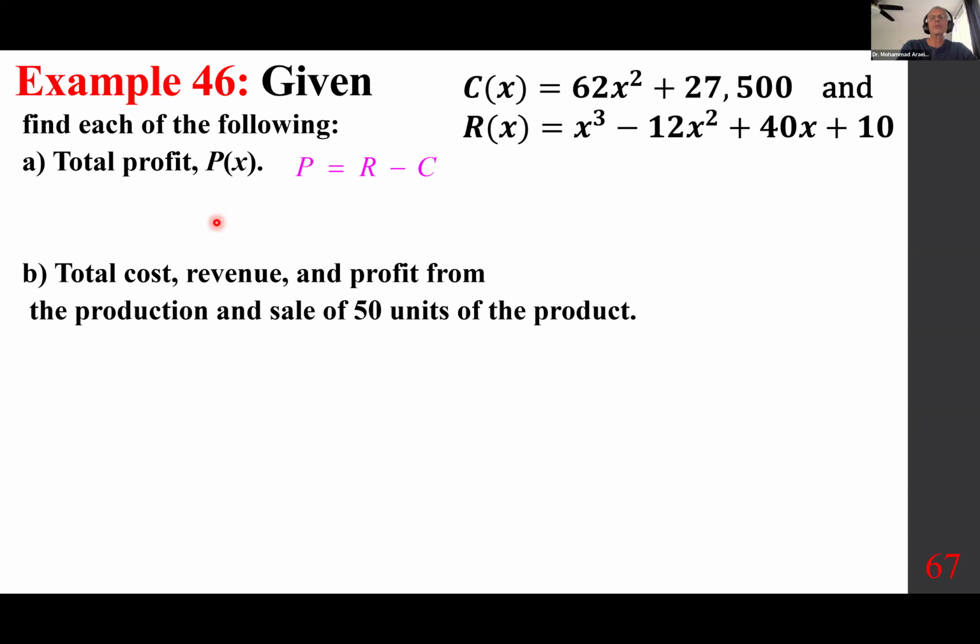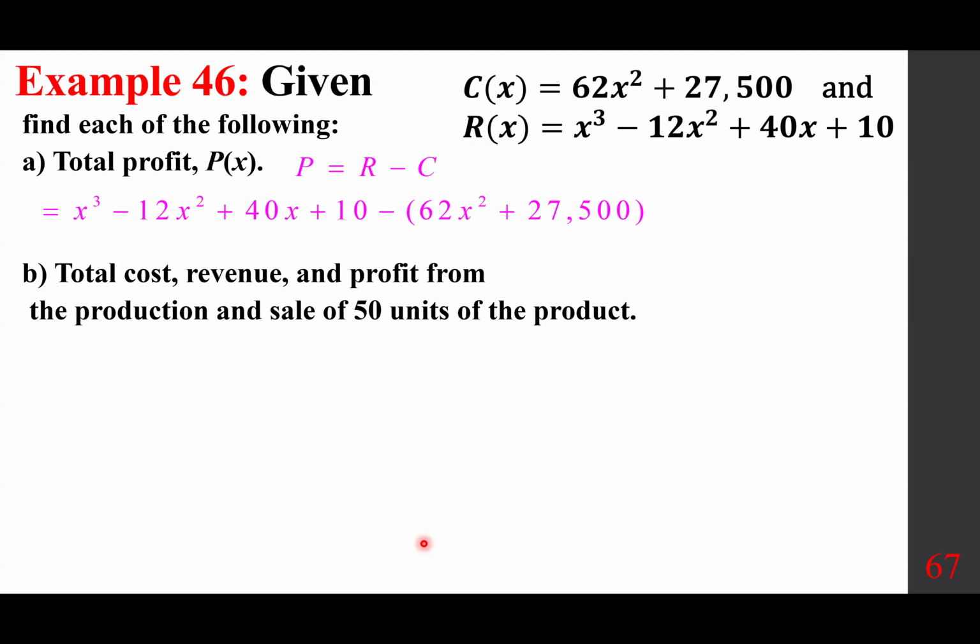So you are going to subtract this from the revenue. So you change this, each one of them, this becomes minus 62x squared, and this becomes minus 27,500.